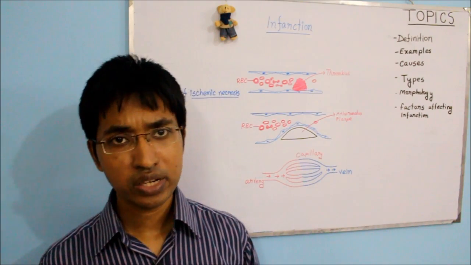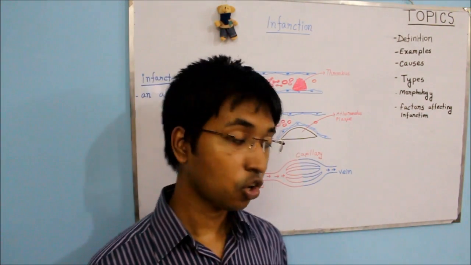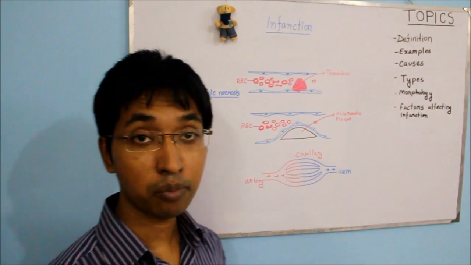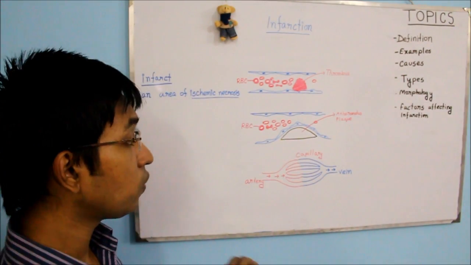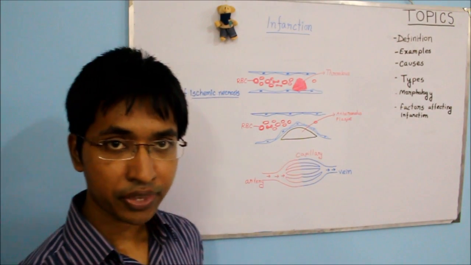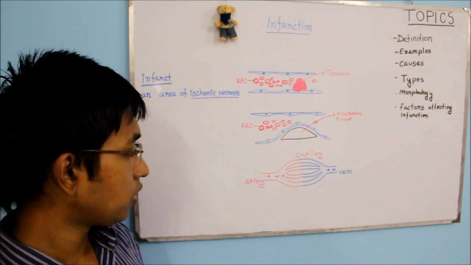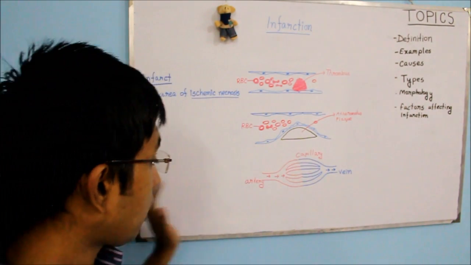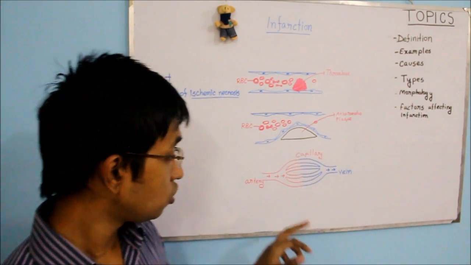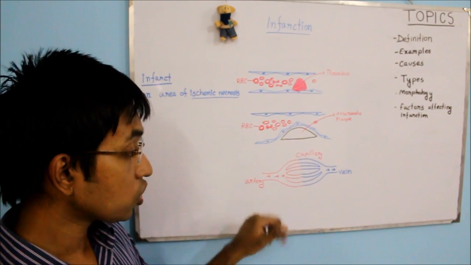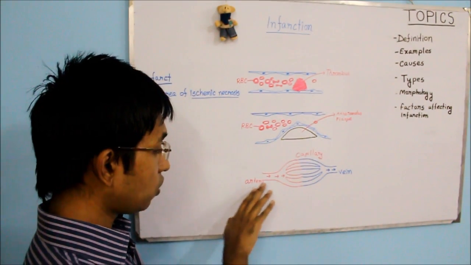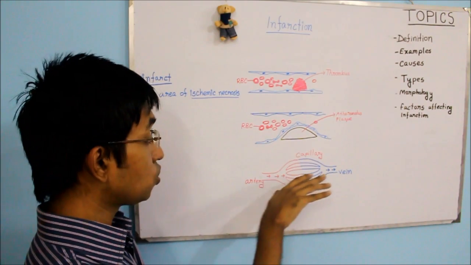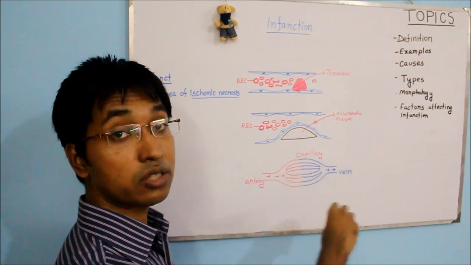And the answer is very interesting, and to answer that I have drawn an image in the lower part of the board. As you can see, this is a very diagrammatic image. So on the left side of the board, drawn in red, is the artery. Blood is coming through the artery and then going to the tissue.